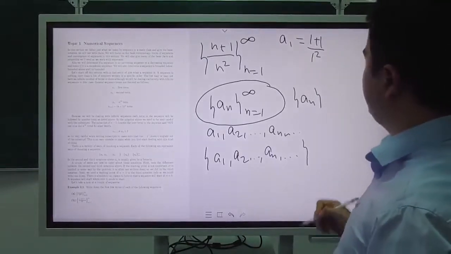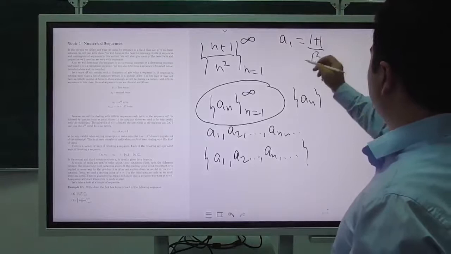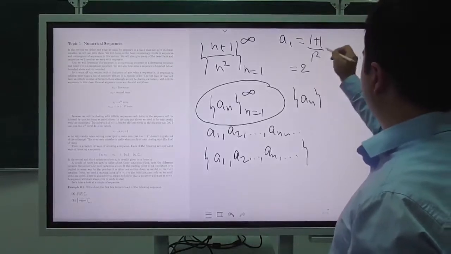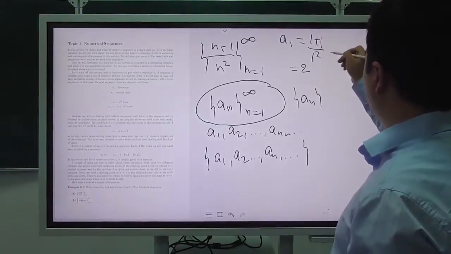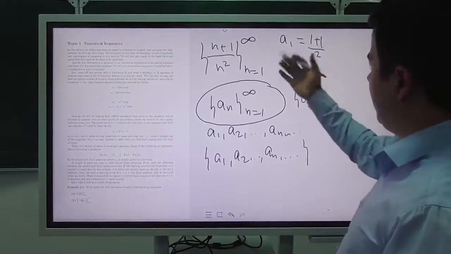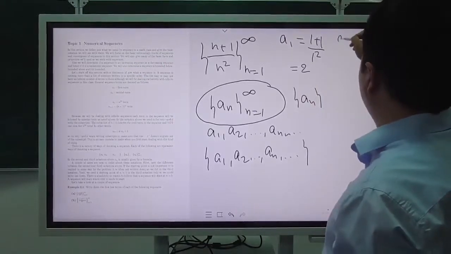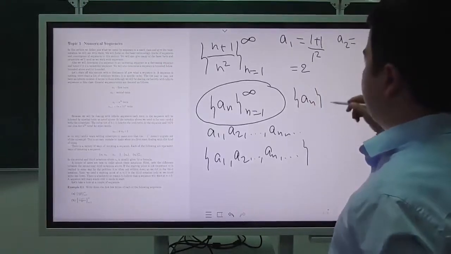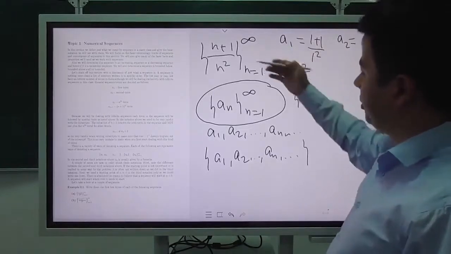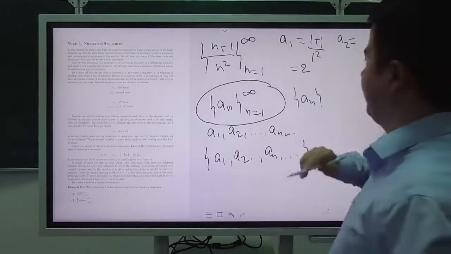What is it? It's equal to 2 over 1, so it is 2. Now, the next one, a2. Similarly, we need to put 2 instead of n.